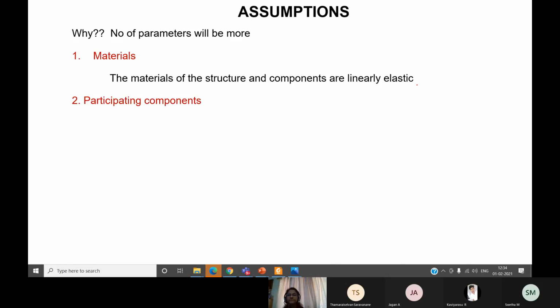What is the meaning of this? What is the meaning of the first sentence? In your own words, can you say? The materials of the structure and the components are linearly elastic. In another way, can you explain what this means? All the materials obey Hooke's law.